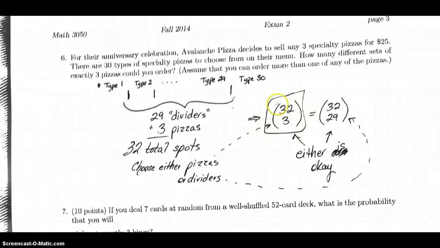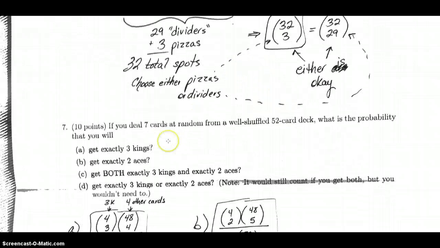We have this situation right here where we just put these pizzas somewhere into these categories, but it doesn't matter. For example, if we had 3 in this 30th type, it wouldn't matter which order those 3 are in.